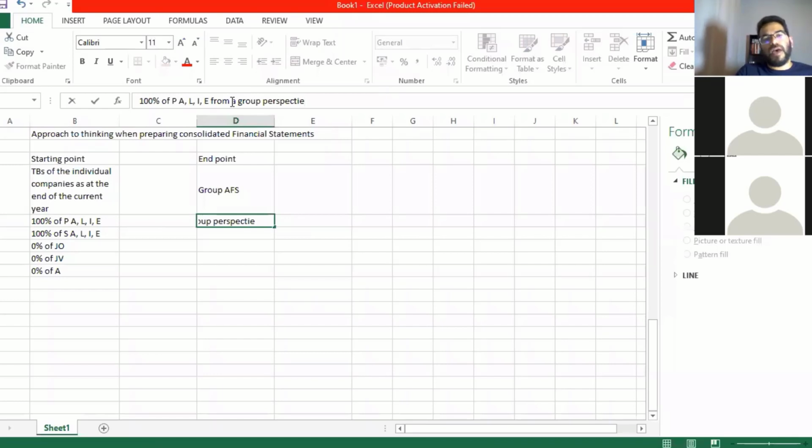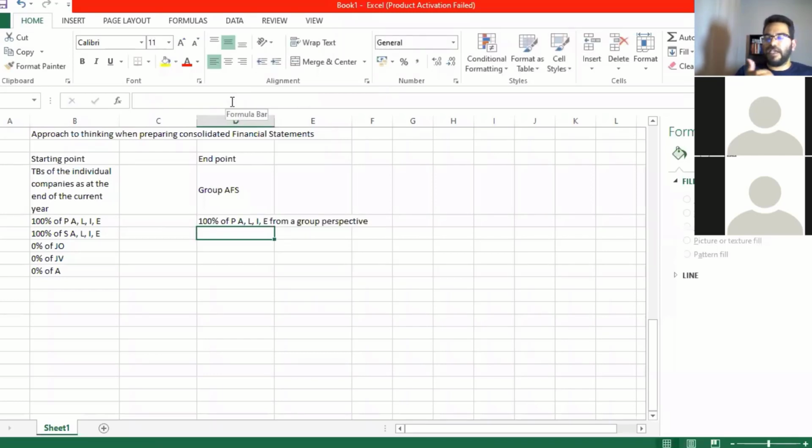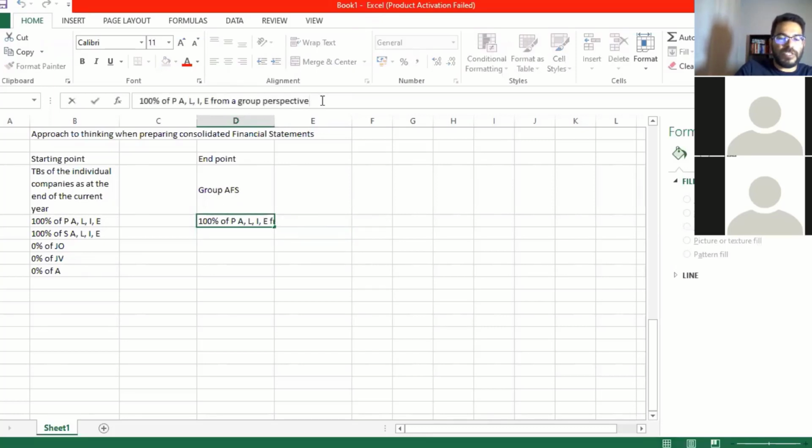What do I mean by a group perspective? A group perspective simply means that we want transactions only with those outside of the group. So if there are any intercompany transactions, we will make the necessary adjustments.